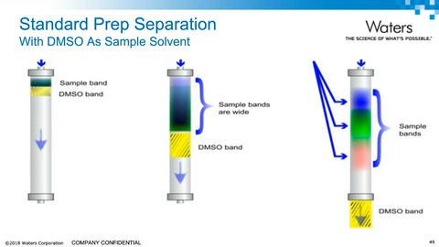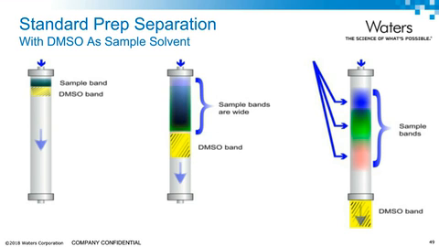The DMSO starts to move down the column and the sample bands move along with it. They don't really interact with the column until they are sufficiently diluted to interact with the bed. When that happens, finally, the sample bands are very wide, and then we end up ultimately with impure product.